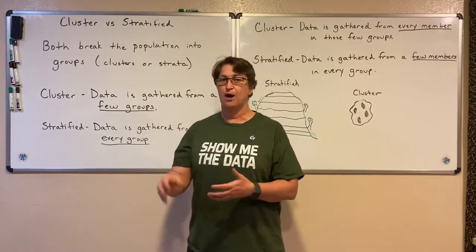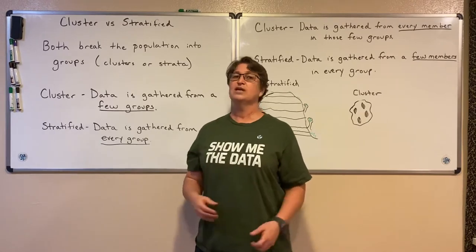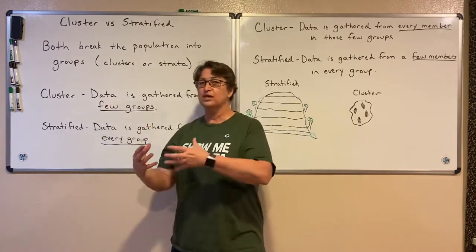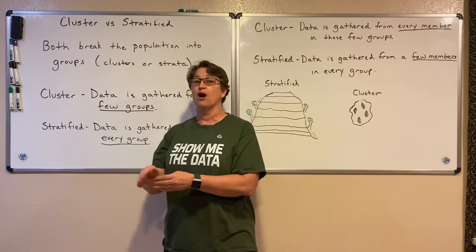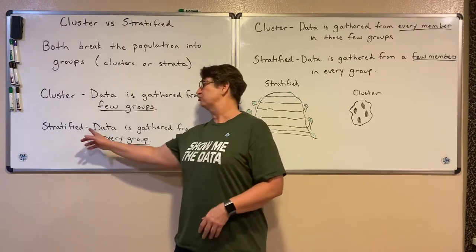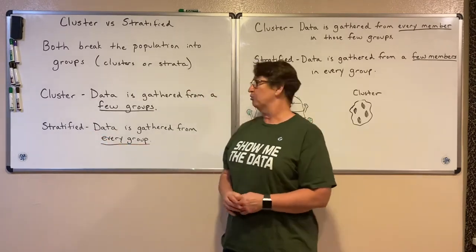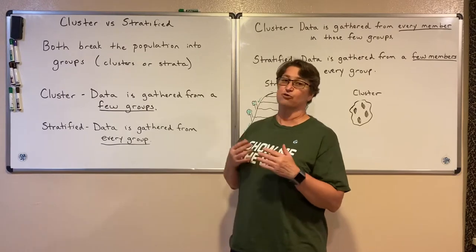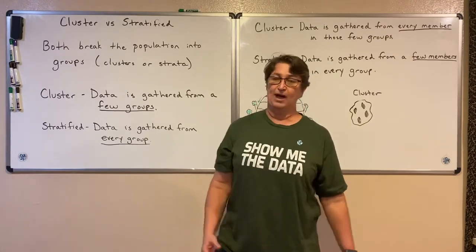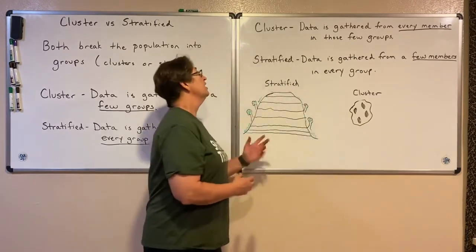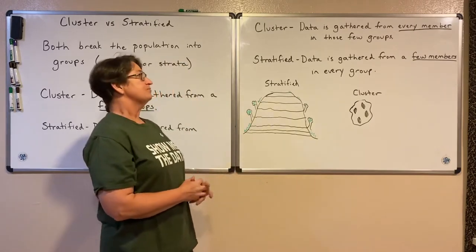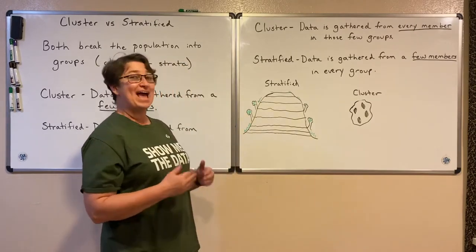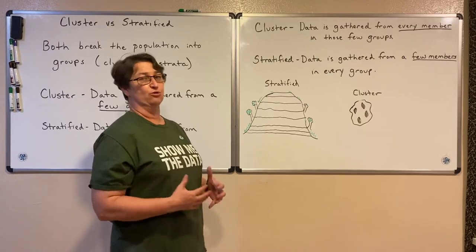So we've divided the population into multiple groups. In a cluster, we only choose data from a few of the groups, whereas in a stratified sample, data is collected from every group, every one of those strata. In the cluster sample, data is gathered from every member within a few of the groups.